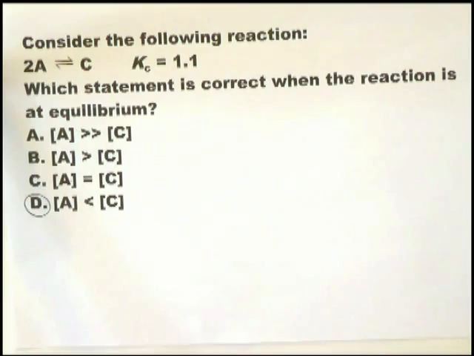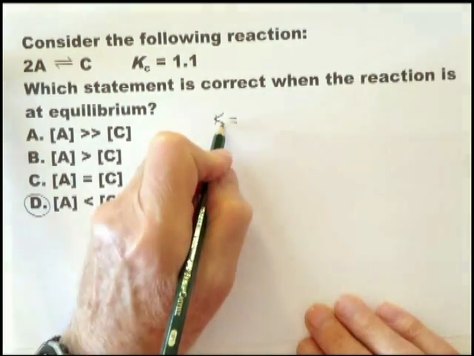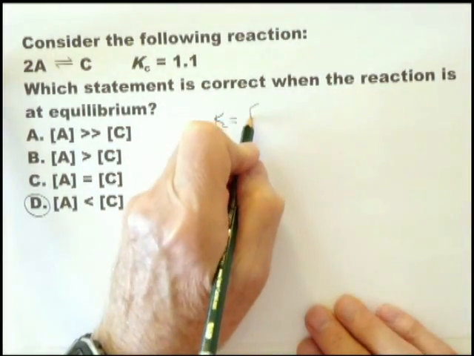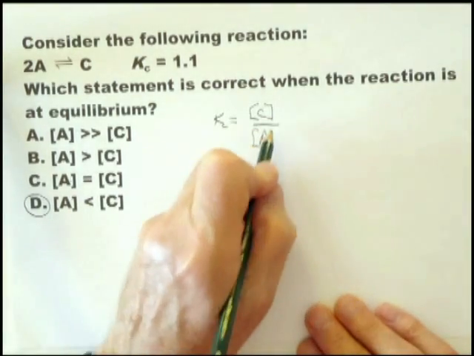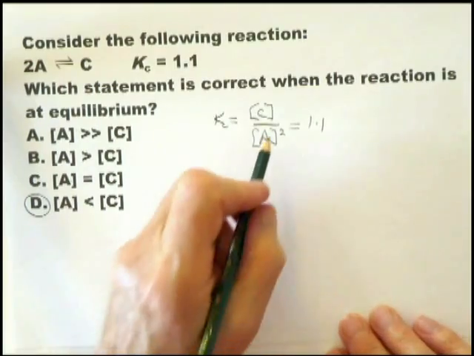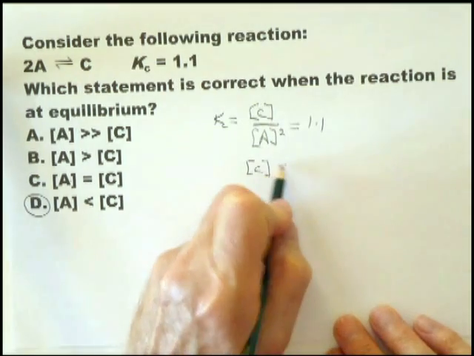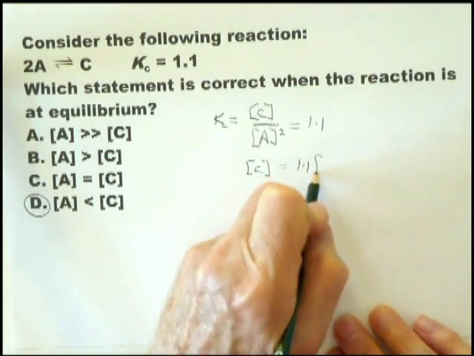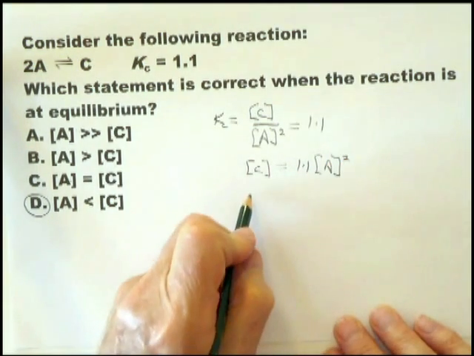But let's do the calculation. Essentially, the K equals concentration of C over the concentration of A squared, and that equals 1.1. Let's now rearrange that. C equals 1.1 times A squared. You can do this much faster than I'm doing it.